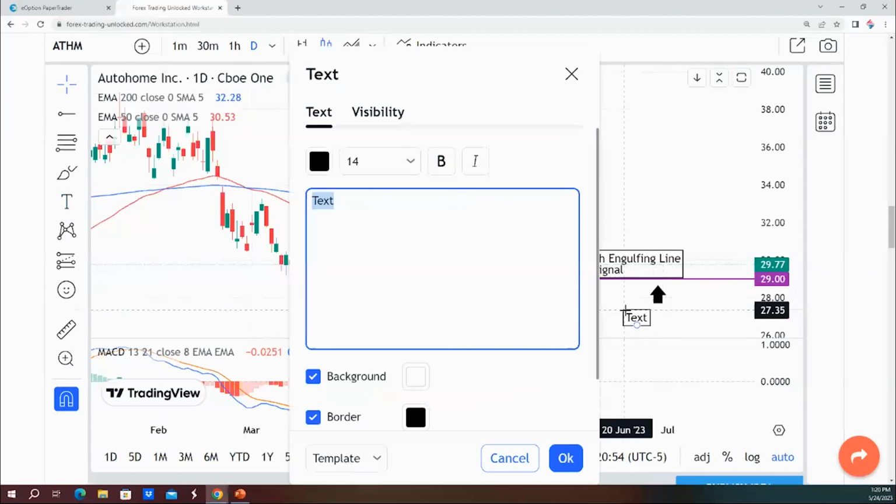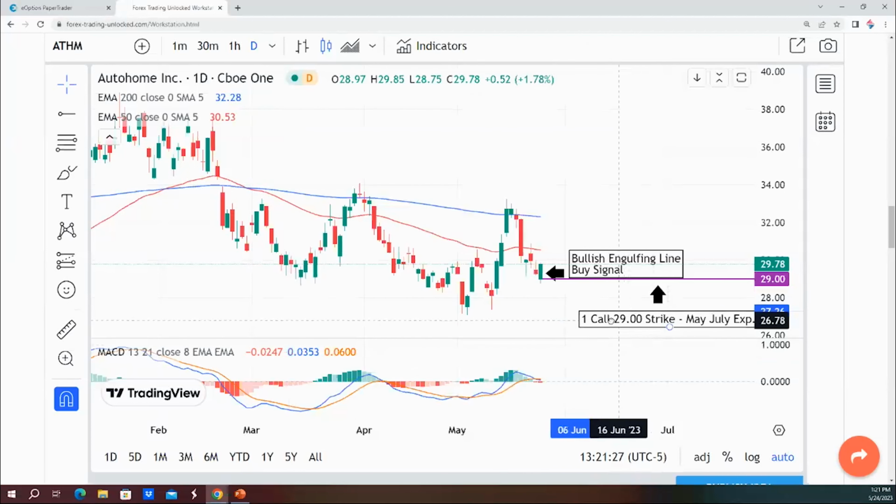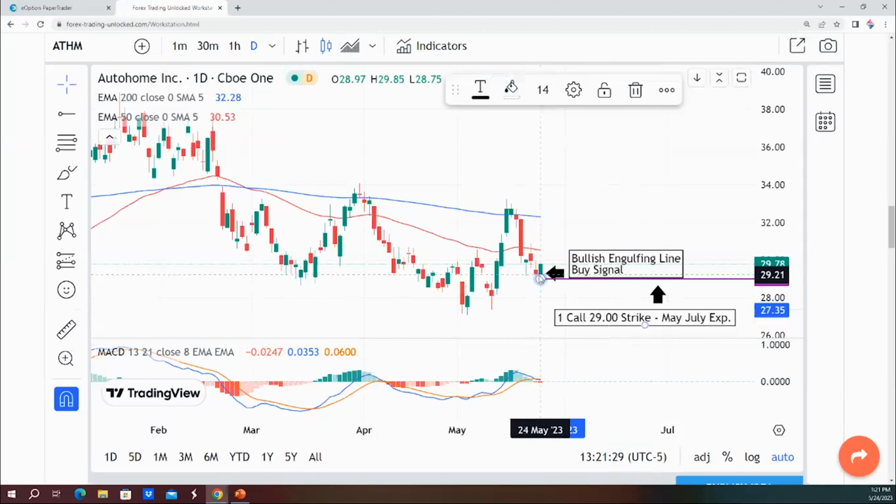Okay, so we have one call with a $29 strike and a May expiration, or excuse me, a July expiration. Okay, so this here is the first trade that we have for this buy signal.